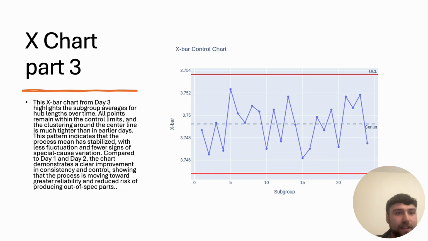This pattern indicates that the process mean has stabilized with less fluctuation and fewer signs of special cause variation compared to day 1 and day 2. The chart demonstrates clear improvement in consistency and control, showing greater reliability and reduced risk of producing out-of-spec parts.